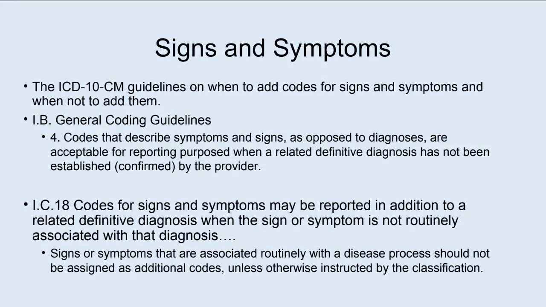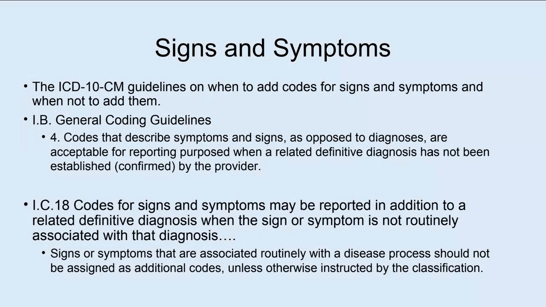Well, in this case, we do have a final diagnosis. So let's look at the second guideline. The second guideline comes directly from Chapter 18, which is signs and symptoms. It reads, codes for signs and symptoms may be reported in addition to a related definitive diagnosis when the sign or symptom is not routinely associated with that diagnosis. Signs or symptoms that are routinely associated with the disease process should not be assigned as additional codes unless otherwise instructed by the classification.